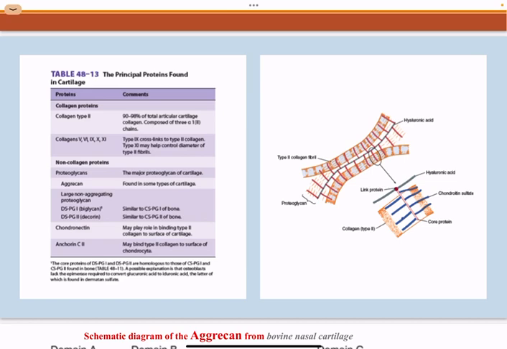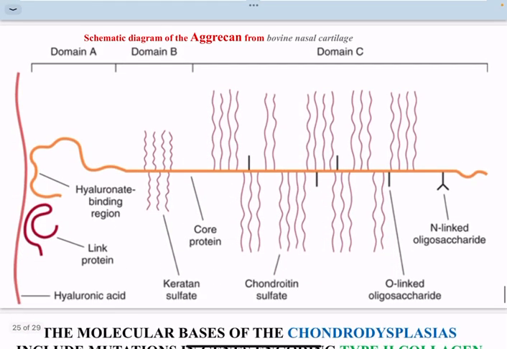So collectively, it will form part of an example of what's called hyaline cartilage, for example, because it contains hyaluronic acid. This is another example of another kind of proteins that are found in cartilage structure. We call it aggregate protein.